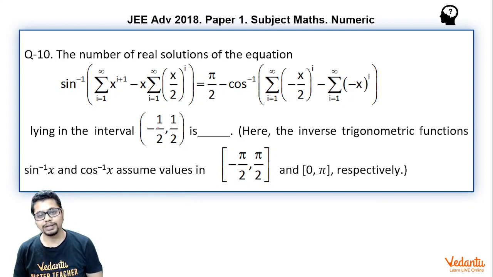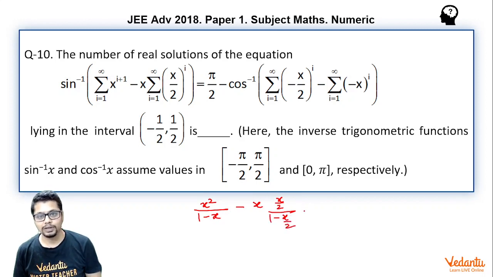Anyway x is between minus half to half, so the common ratios are within the required limits for the sum of an infinite GP. So here I can write the first term, which is essentially x square, by 1 minus the common ratio. Minus x times, here the first term essentially is x by 2 and the common ratio is essentially again x by 2.